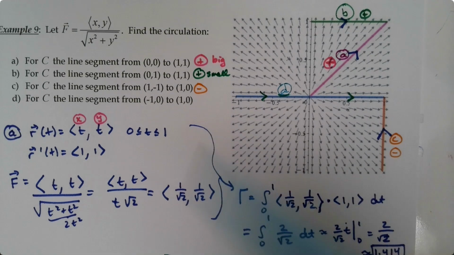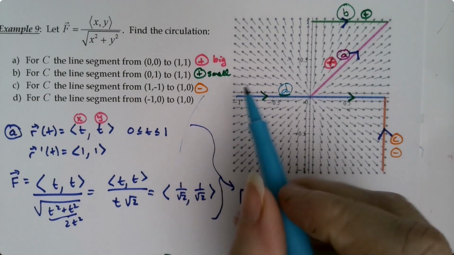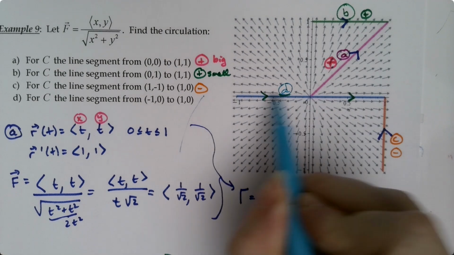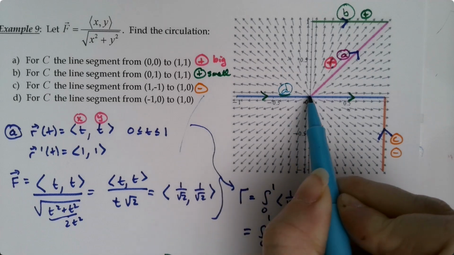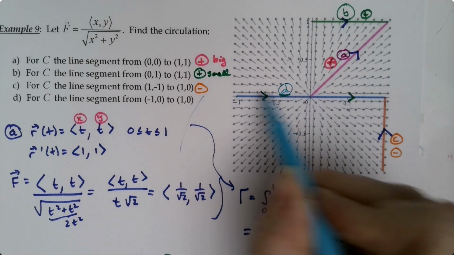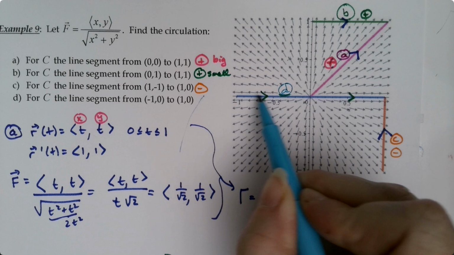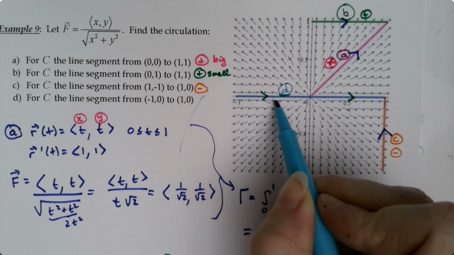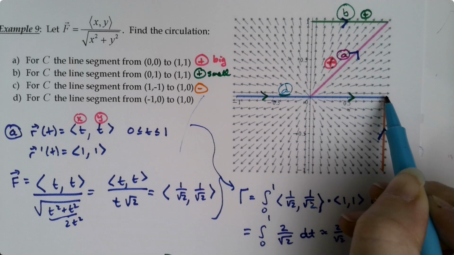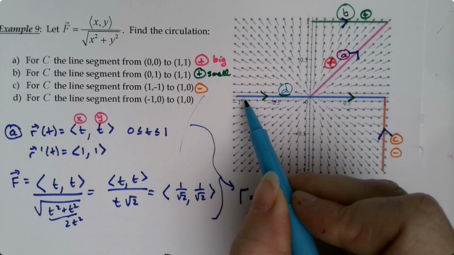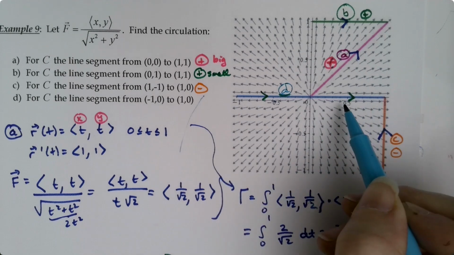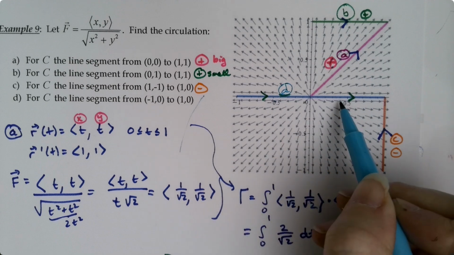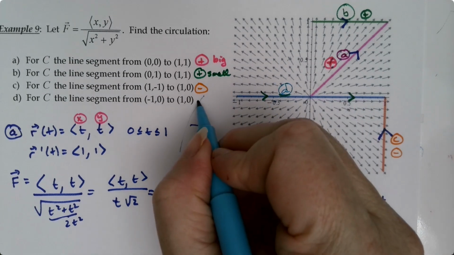Well, if we look at D, half the time, this half, we're moving against the flow. You can see the flow going outward with the arrows, and we're going exactly against it. So it's negative over here, but then over here it's positive in the same amount that this was negative. And so they end up canceling each other out. The negatives and the positives cancel, and we end up with 0.